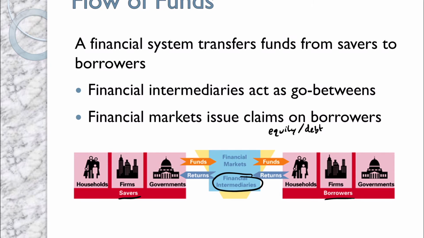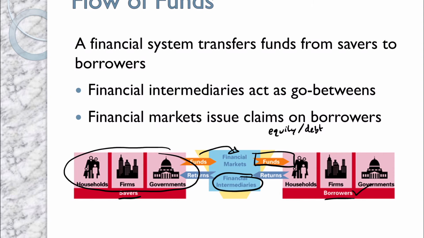So what you have over here on the left-hand side is households, firms, and governments investing funds into financial markets, either in debt or equity claims, or into financial intermediaries, which could be investment banks or other financial institutions. And these funds then are transferred over to the borrowers, those that need the funds.